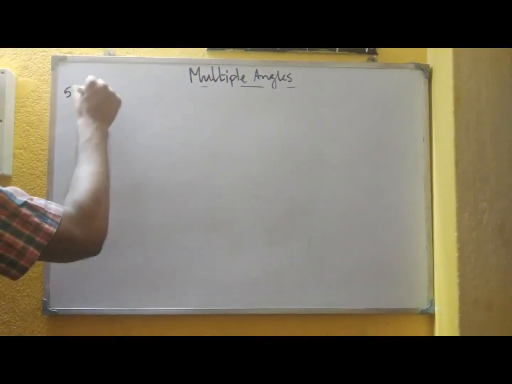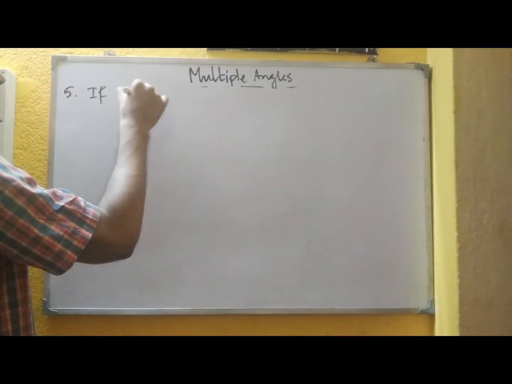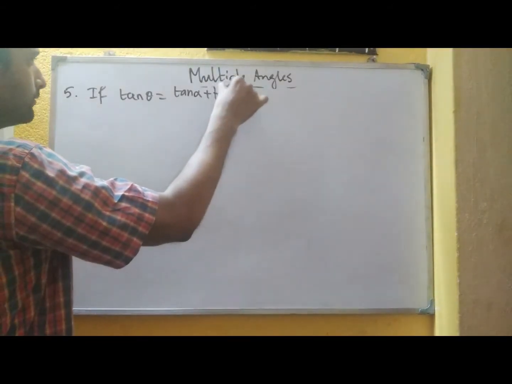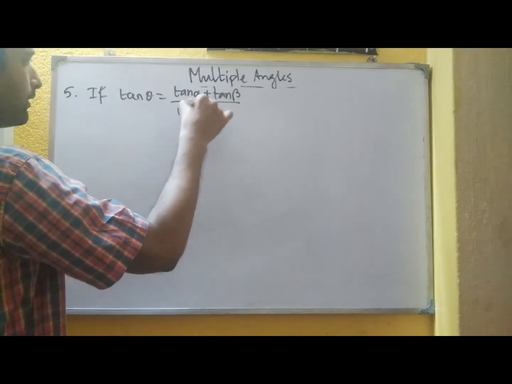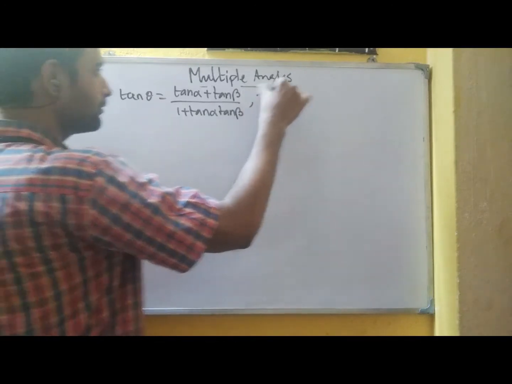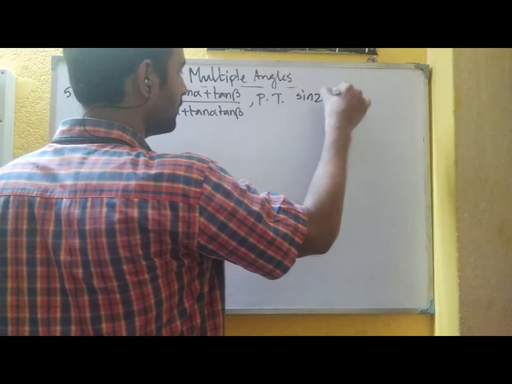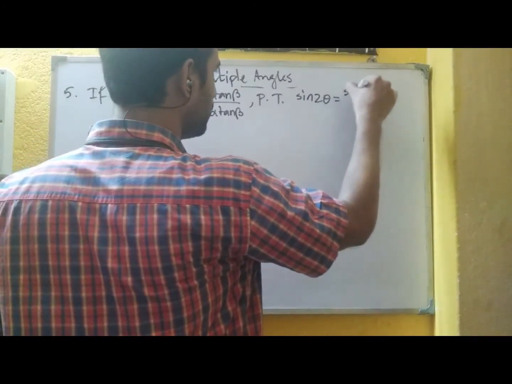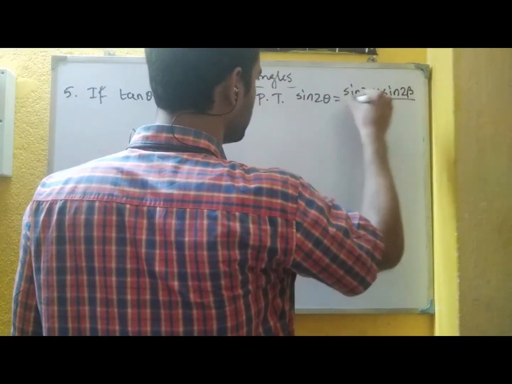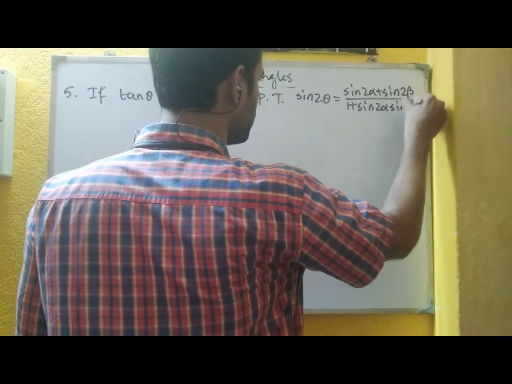Next we come to this sum. If tan theta is equal to tan alpha plus tan beta by 1 plus tan alpha tan beta, then we have to prove that sin 2 theta will be sin 2 alpha plus sin 2 beta by 1 plus sin 2 alpha sin 2 beta.